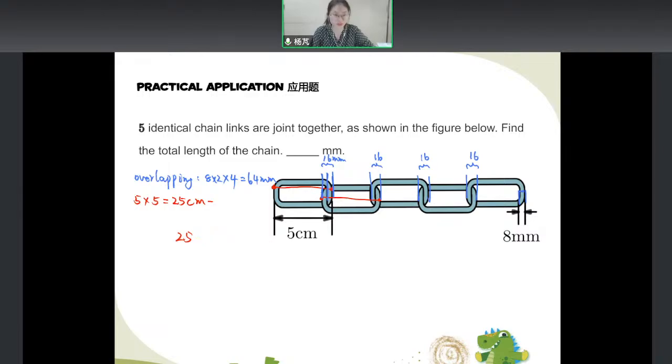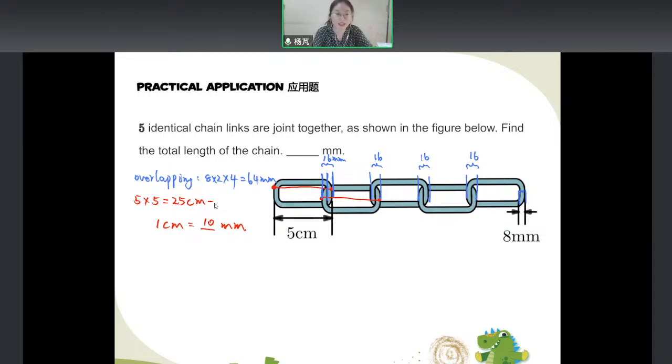convert first. Change the centimeter into millimeter. But the problem is, do you know 1 centimeter equals how many millimeter? Yeah, so each centimeter equals 10 millimeter.